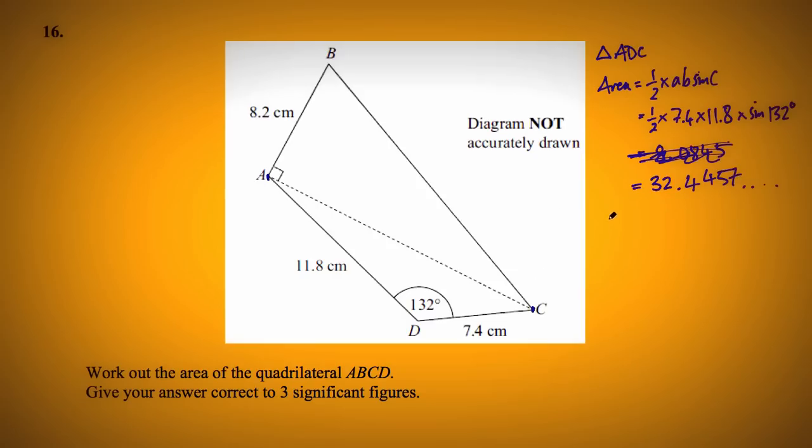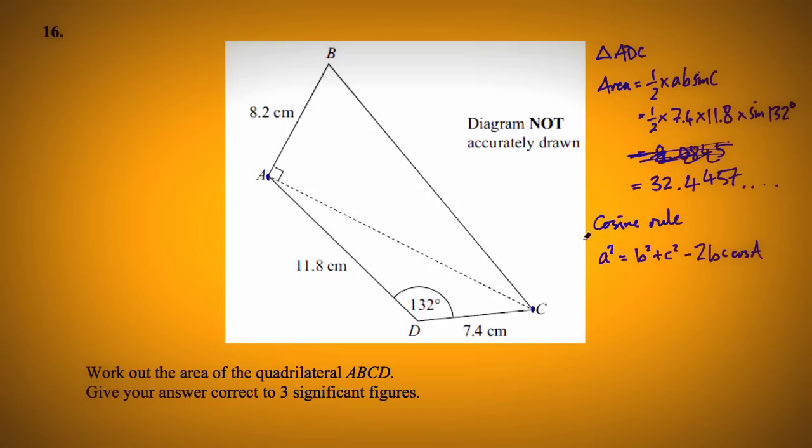In order to find this length here, I'm going to need to use the cosine rule, because I have 2 sides of this triangle and an angle in between them, which means I can use that cosine rule. Cosine rule is a squared equals b squared plus c squared, like Pythagoras' theorem, but minus 2bc cos a.